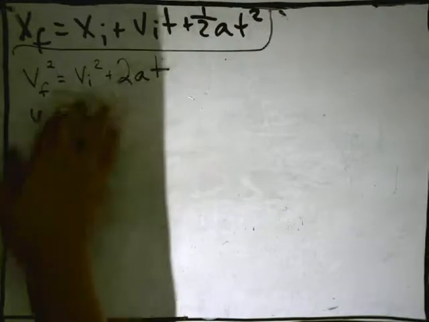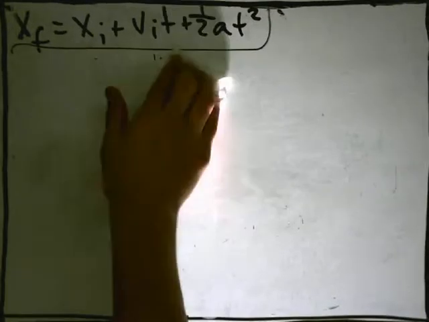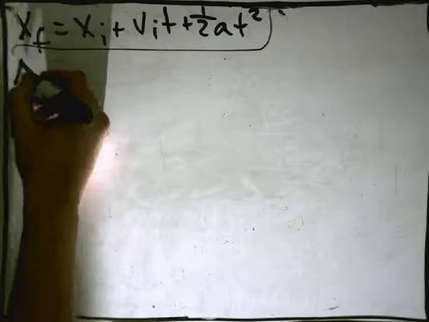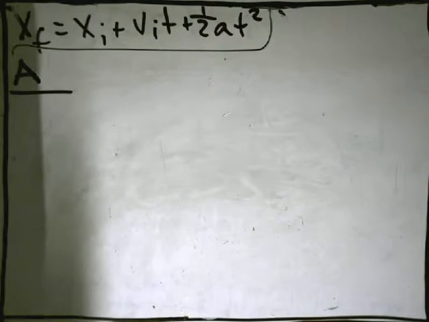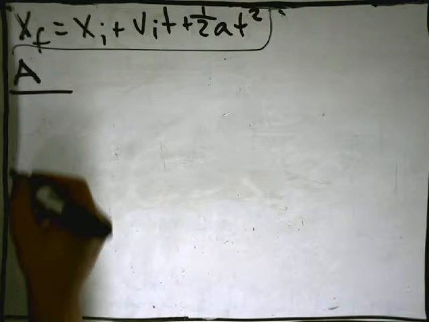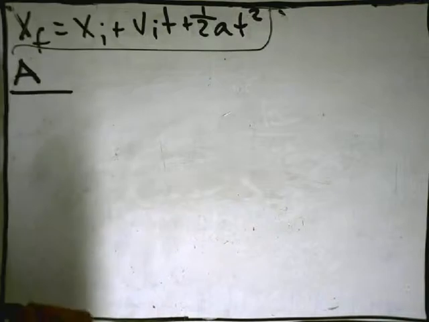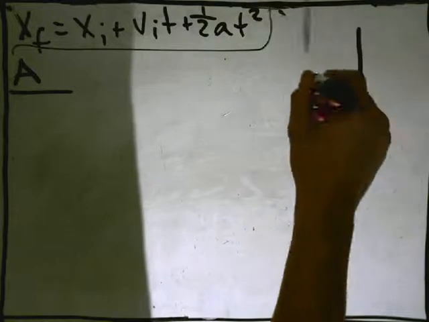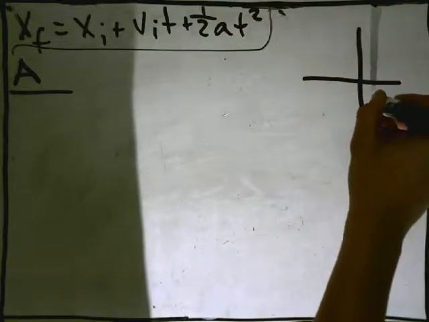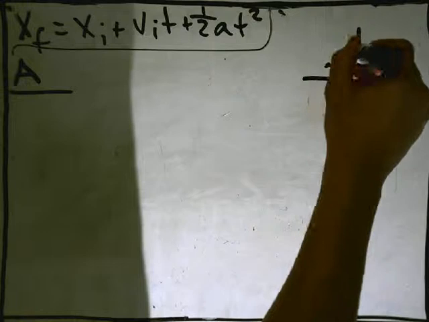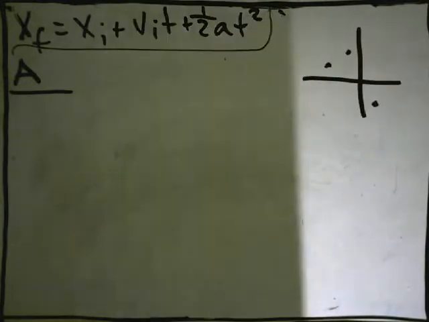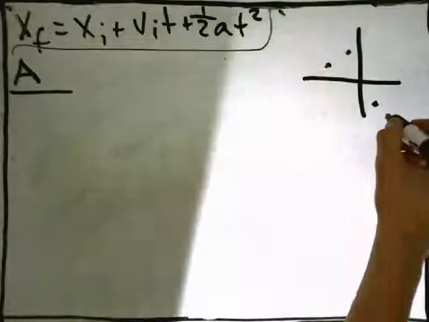So first, let's go ahead and do this for particle A. We have the final position, which you know for both, and we'll first do the y motion. We have particle A, particle B, and then their intersection point. We're going to start with particle A, and track its motion in the y direction first.